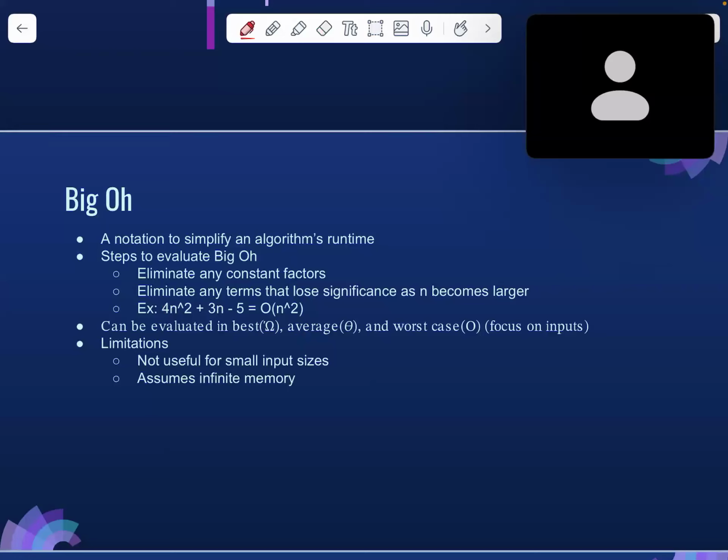It's just always going to be big O, and then give the best, average and worst case runtimes. But be mindful of average and best, because it's not always just the worst case that you're asked for. Some limitations of big O are that it's not really useful for small input sizes, and it doesn't look for or care about memory.